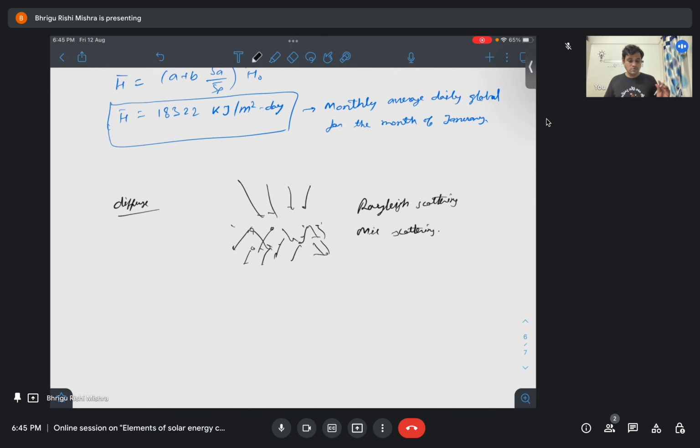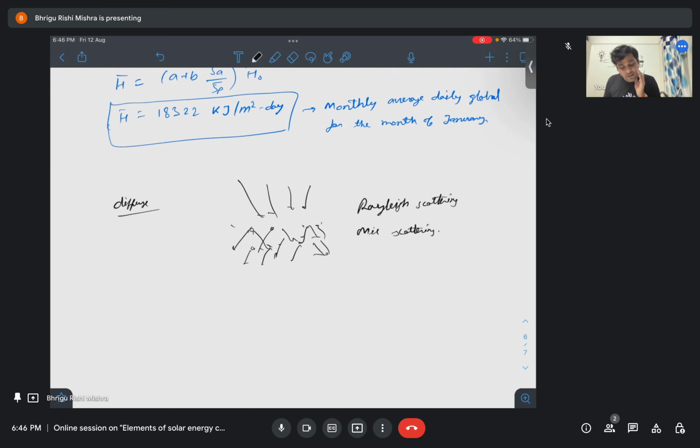The solar radiation which is scattered by dust particles, aerosol concentration, or other molecules whose size corresponds to the wavelength of the solar radiation, does not hit the surface at the original incident angle.